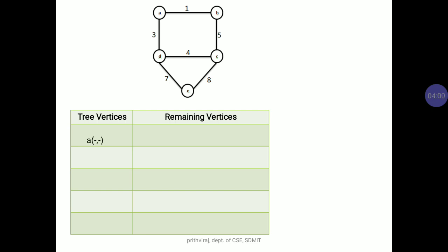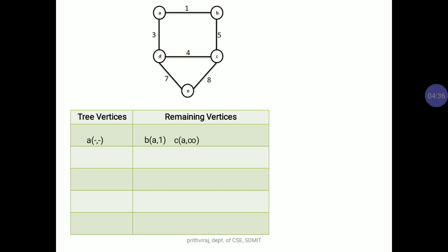Initially, we will take one vertex as the initial vertex. Let us take the vertex A, with dash comma dash, which indicates a weight we don't know yet. The remaining vertices: one is B, and we have to see whether there is a direct edge from A to B. Yes, there is a direct edge from A to B with the weight 1, so we write B of A comma 1.